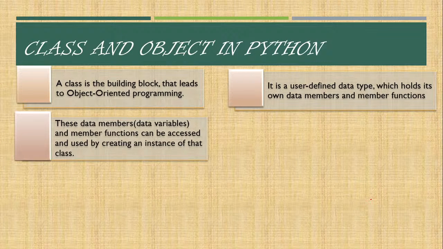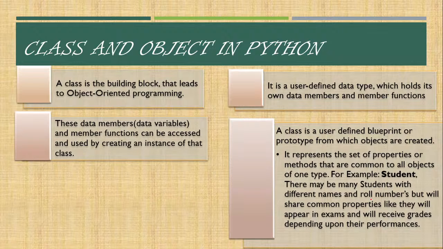These data members and the member functions can be accessed and used by creating an instance of that class. If we want to access any function in a particular class, we first instantiate its object, and then use the dot operator and the name of the function or the name of the variable.